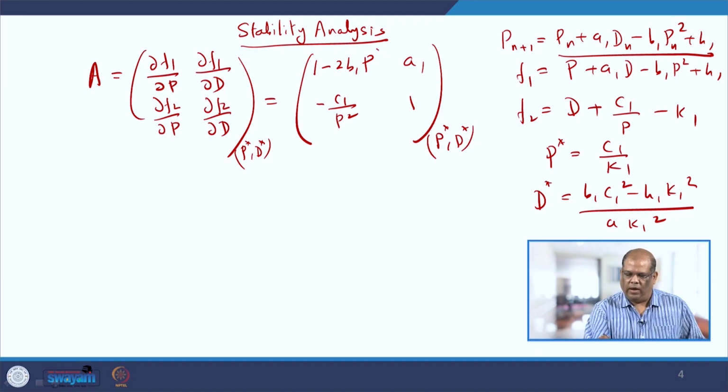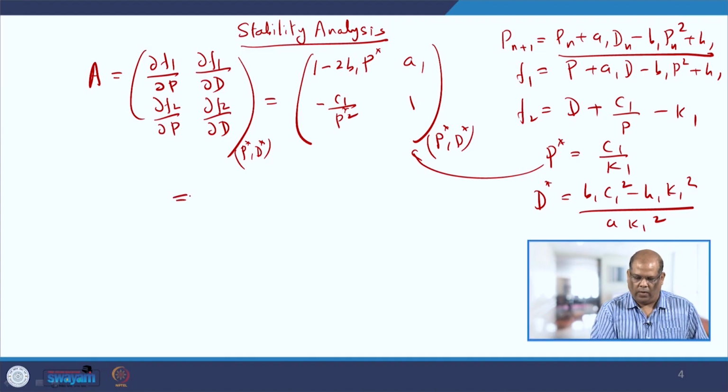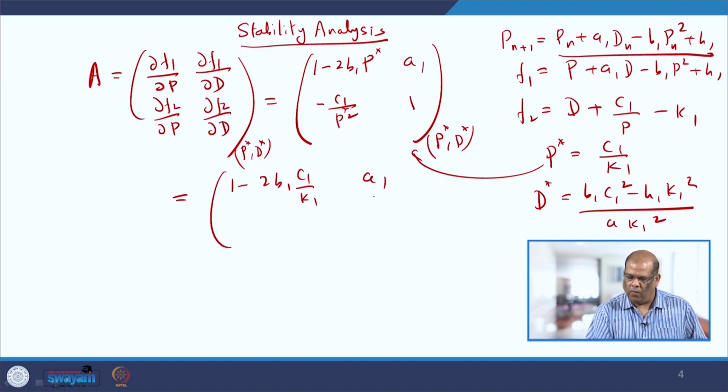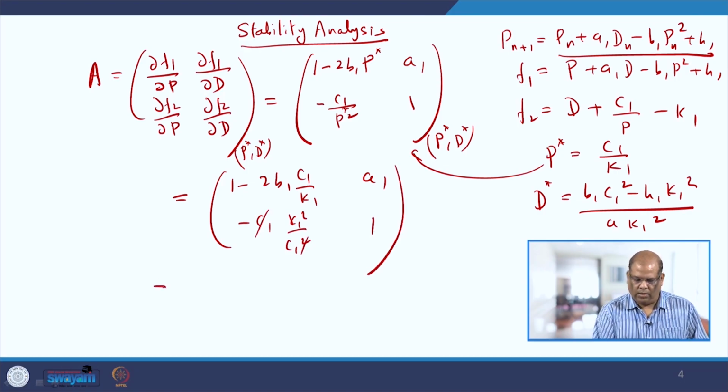Now as you can see here, it is only P star, so we substitute this value here and you will get 1, minus 2 b1 c1 by k1, a1, minus k1 square by c1 square, one of them cancels, and 1. So if I simplify, it is 1, minus 2 b1 c1 by k1, a1, minus k1 square by c1, and 1.